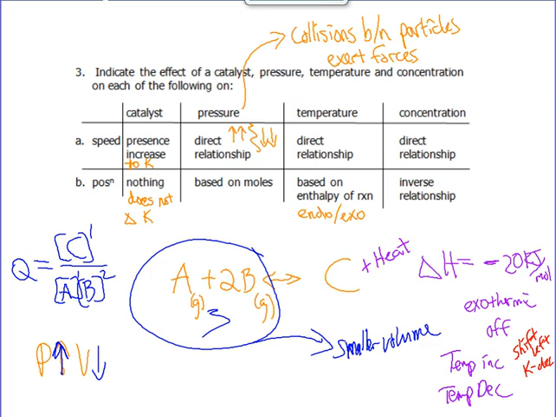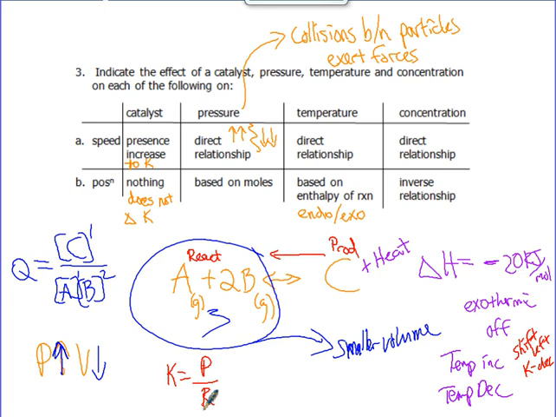Why would K decrease? Well, if the reaction is truly shifting this way, but the volume's not changing and the moles aren't changing, then we're making more reactants and we're losing products, and therefore K, which is supposed to be a constant, will have fewer products, more reactants, and K will decrease.